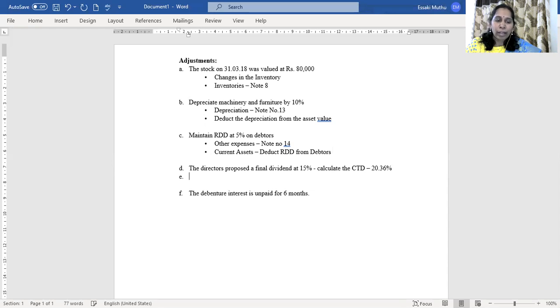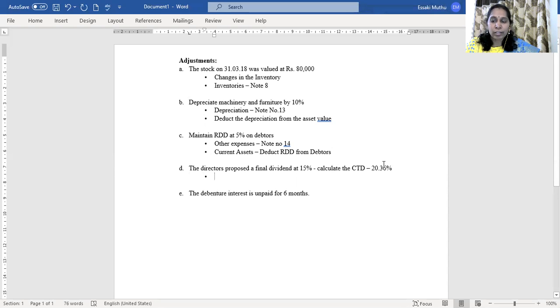So number one, first one is very important. You are going to give a dividend out of the profit. So it should be treated as that you have not yet given and you are going to give. So it is outstanding. Still you have to give.